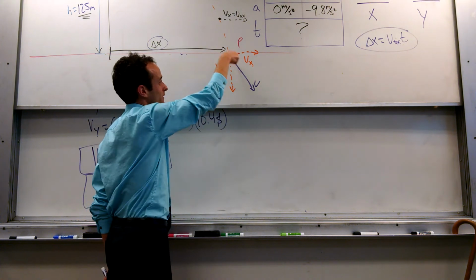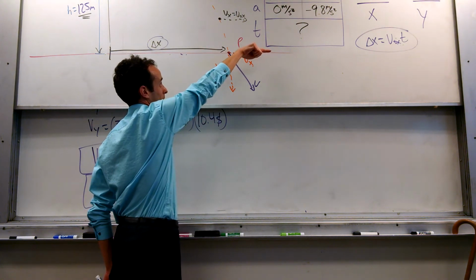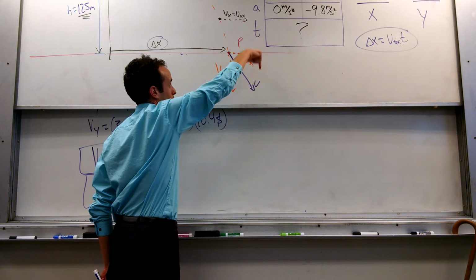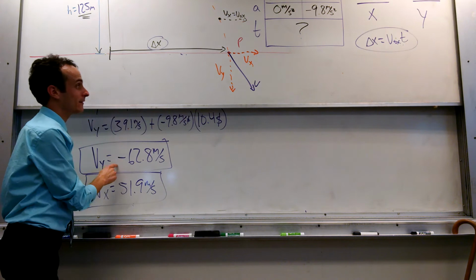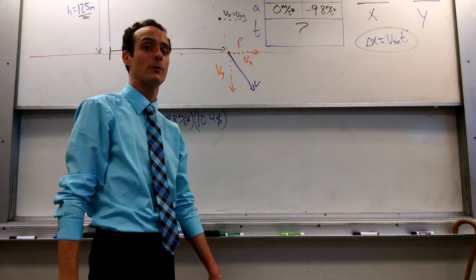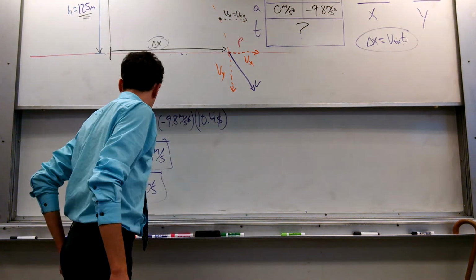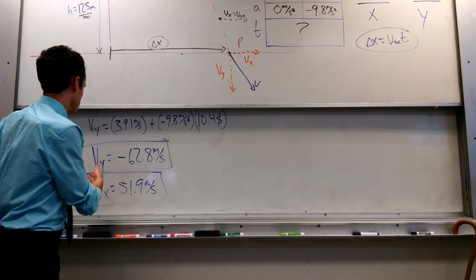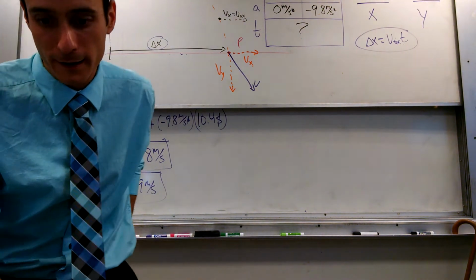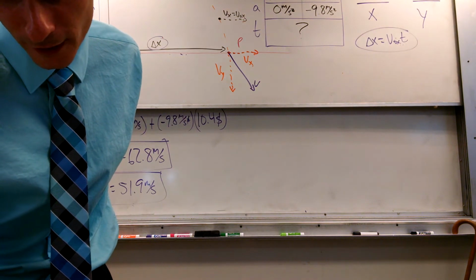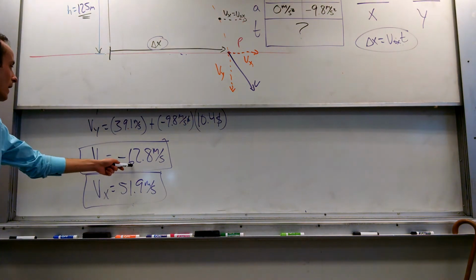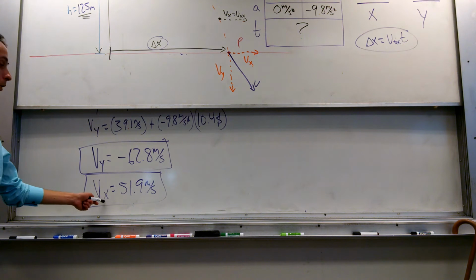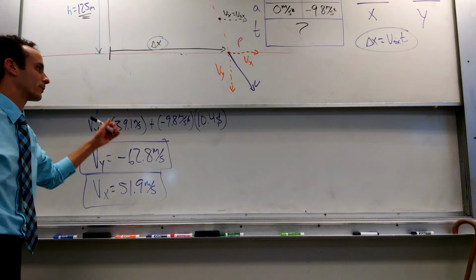In order to reach this vector, I need to go x in the right direction and then y in the down direction, so yes, that negative makes sense. It's very important, especially when we go to calculate our angle. All right, so that's part C, the horizontal and vertical components of the velocity. Vy, the vertical component, is negative 62.8 meters per second. The horizontal component is 51.9 meters per second.